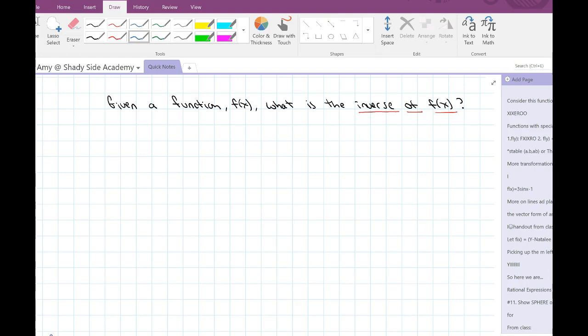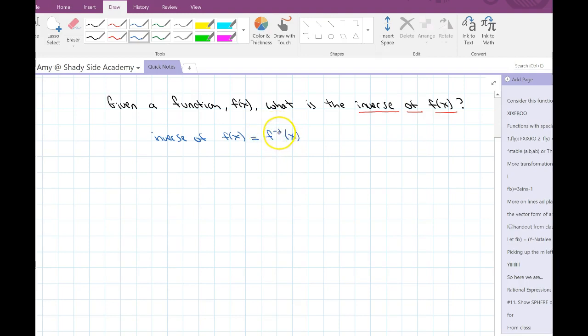So some notational things first, okay? When you want to notate the inverse of f of x, we write this as f of negative 1 of x. Be very careful here. This negative 1 is not an exponent.